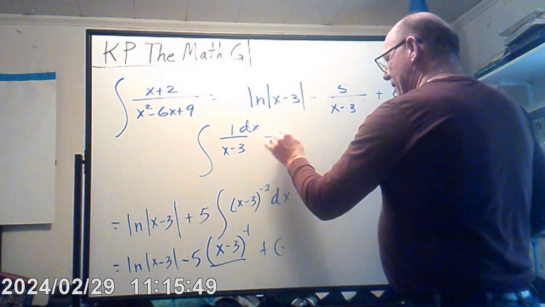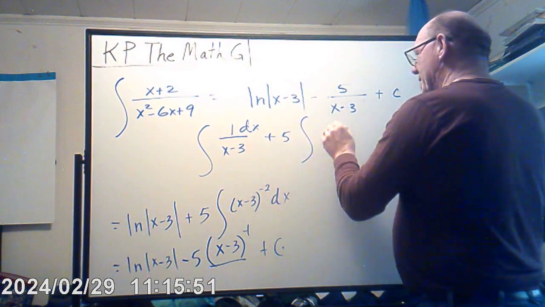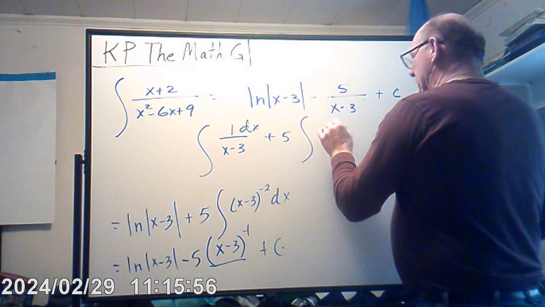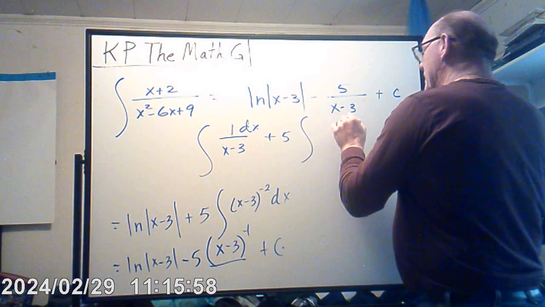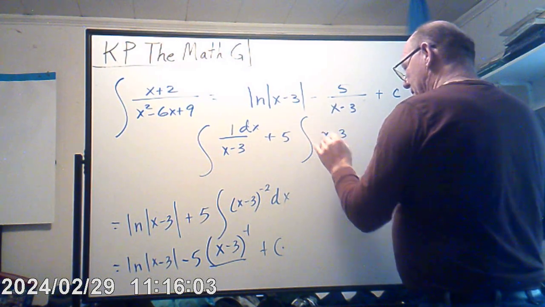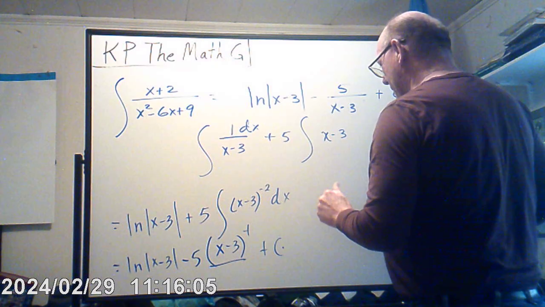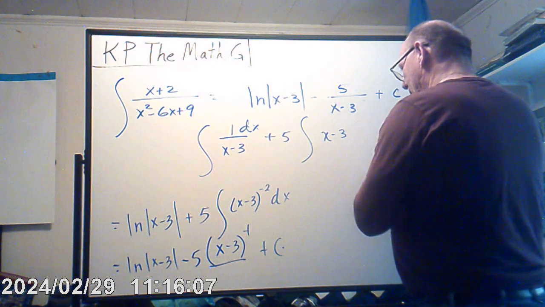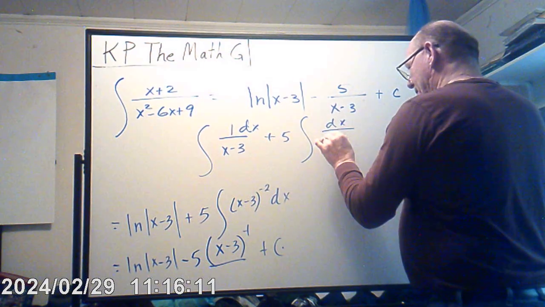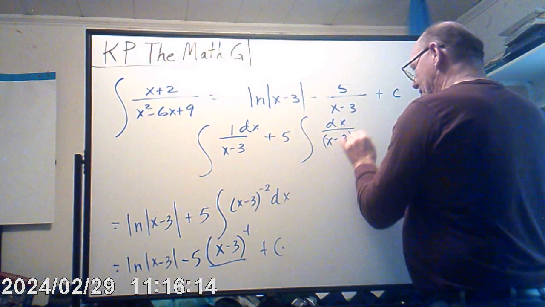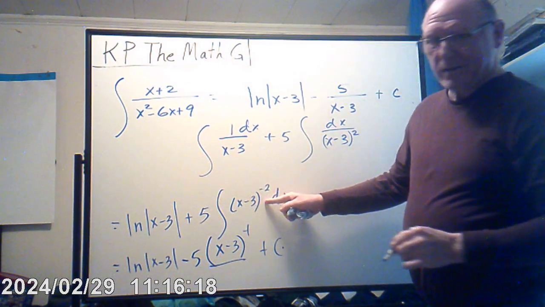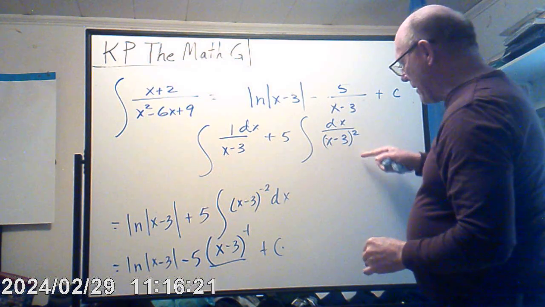But it's different when we had that plus 5 and we had x minus 3 squared in the denominator, dx over x minus 3 squared. You can bring that up, make this a negative 2. That's different.